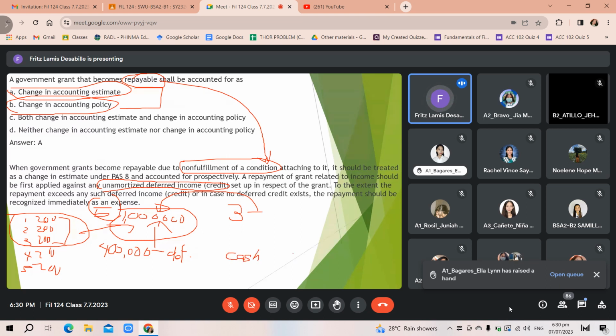We credit cash of 1 million, of course, because we paid back the 1 million. We debit deferred grant income for the remaining balance of 400k. And we debit loss on repayment for the difference.